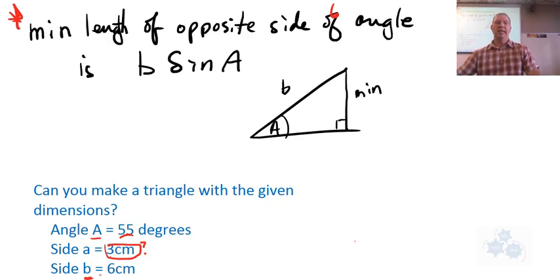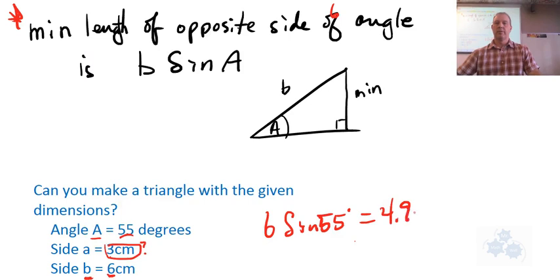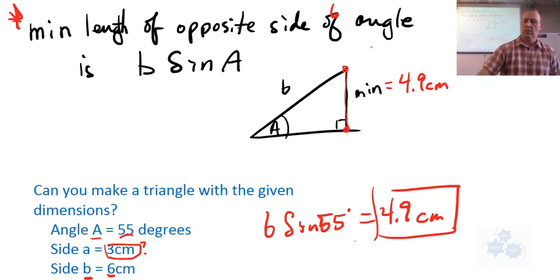And so I'm going to use B, that's 6, times sine of 55 degrees. So what is 6 times sine of 55 degrees? 4.9. Centimeters, because this is all centimeters. So guess what? The minimum length here is 4.9 centimeters. That's the minimum length required to actually close off this triangle.